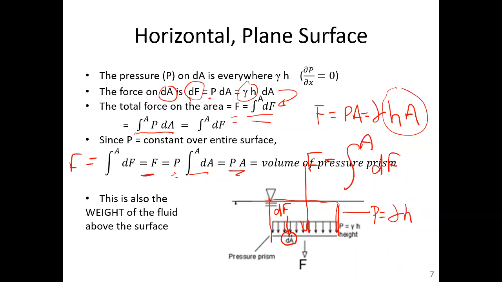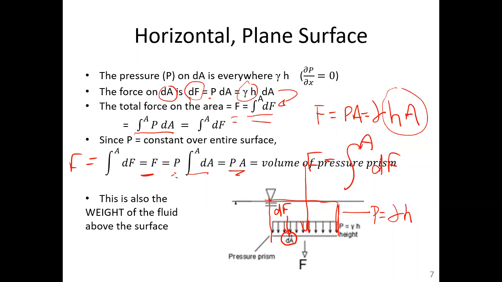And when we multiply that by the specific weight, that's the weight of the material above you. Again, this should be completely obvious: the higher the snow depth on top of the roof, the more weight. What's that weight equal to? The snow depth times the roof area.